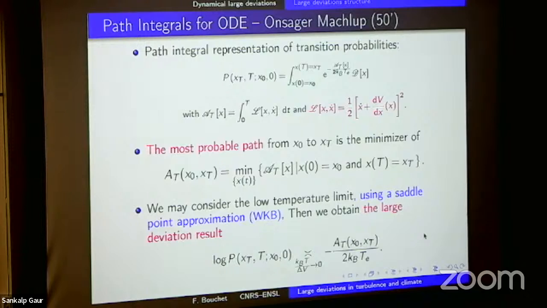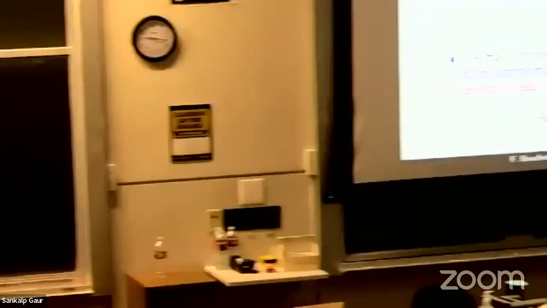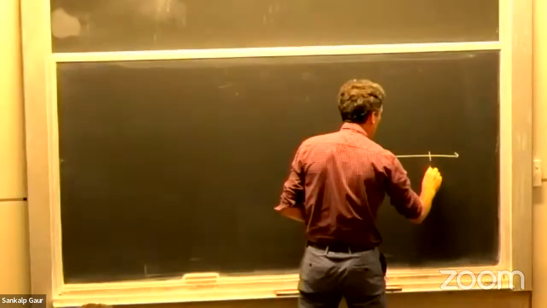So if I do that, then if I want to compute a transition probability, for instance, the probability to go from state x0 at time 0 to the state xt at time t, then it's just like in quantum mechanics. The point is that you have time 0 and time t.